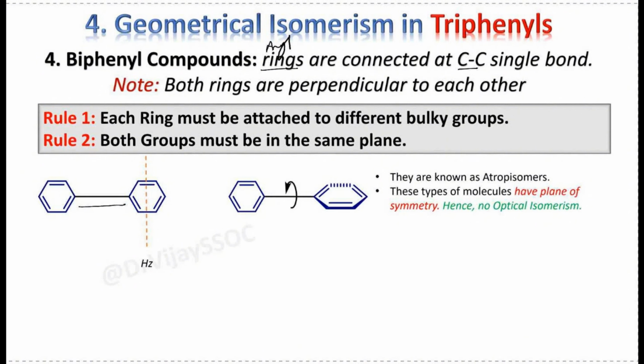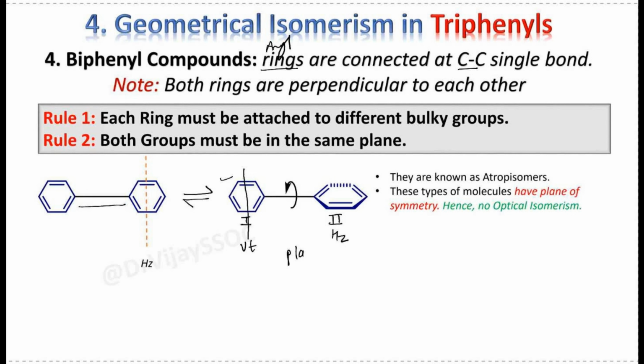So this molecule can be converted in this way, where one benzene ring is perpendicular to the second benzene ring. If this benzene ring is in the horizontal plane, then this will be in the vertical plane, and hence you can divide this molecule easily by passing a horizontal plane, because there is no substitution on the benzene ring. So it can be divided into identical halves.